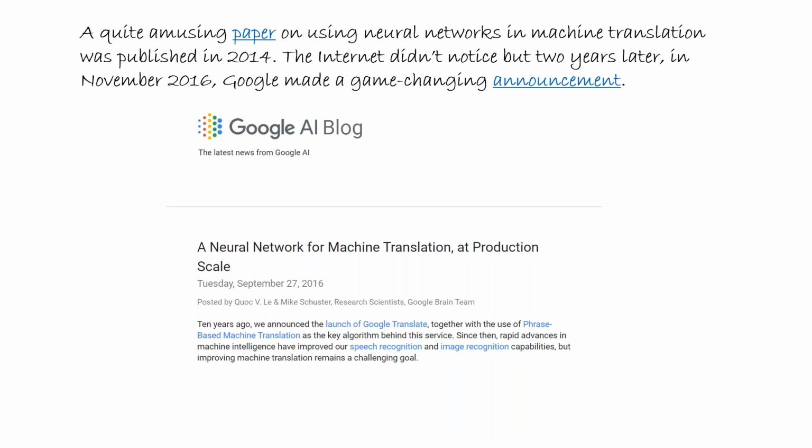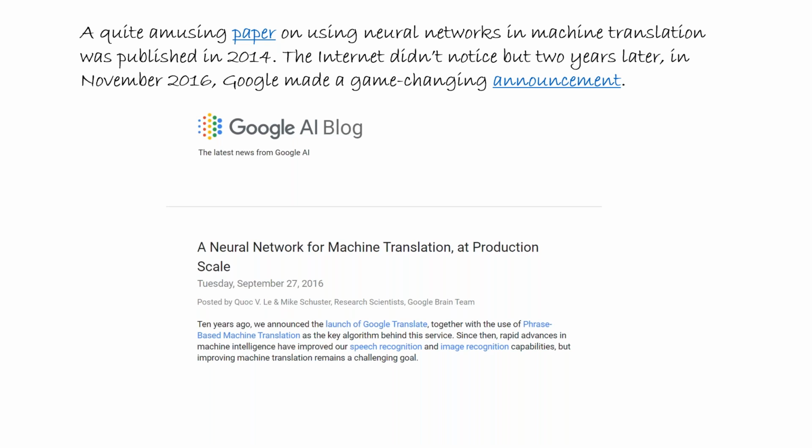They talk about a neural network for machine translation at production scale. I just took a few lines from their blog, which is still published. 10 years ago, we announced the launch of Google Translate together with the use of phrase-based machine translation as the key algorithm behind this service.